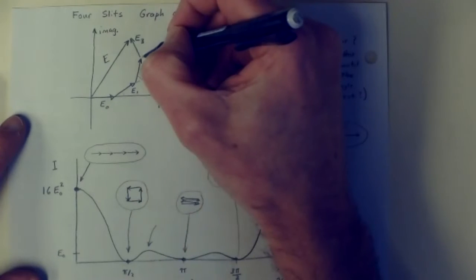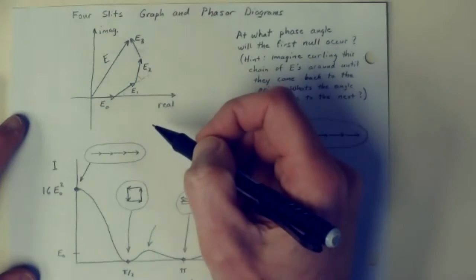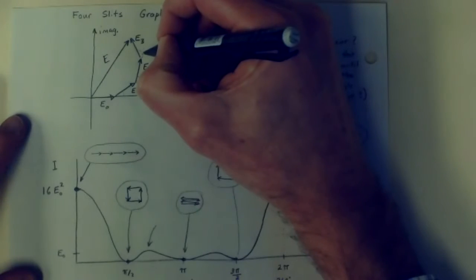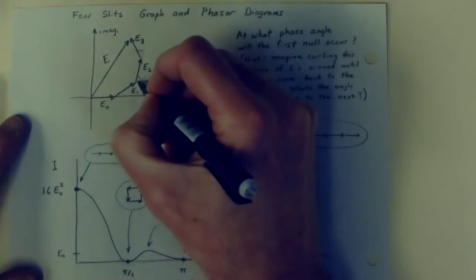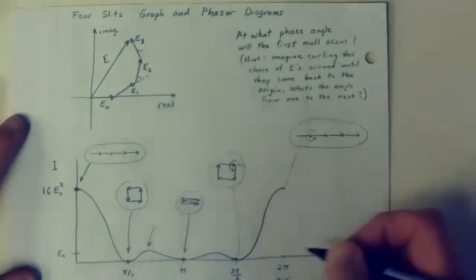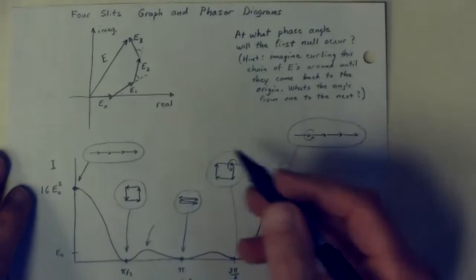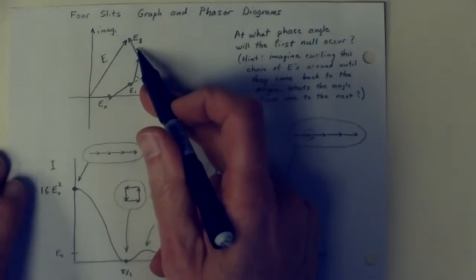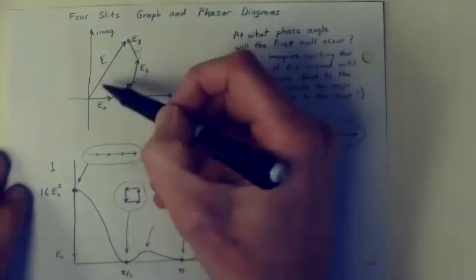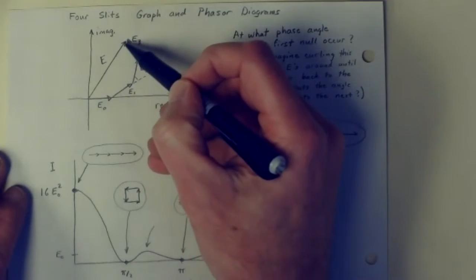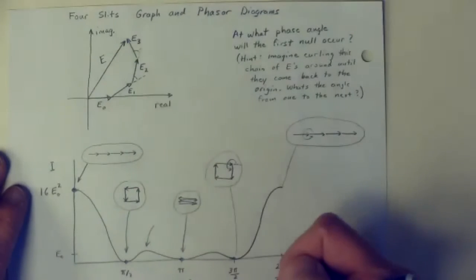And then the last one, again, is another phase shift of that same amount. If you would continue up there and draw that angle, all those angles should be the same. And then when you stick these all head to tail, the electric field that we're trying to find is this vector over here from the beginning of the first one to the end of the last one.